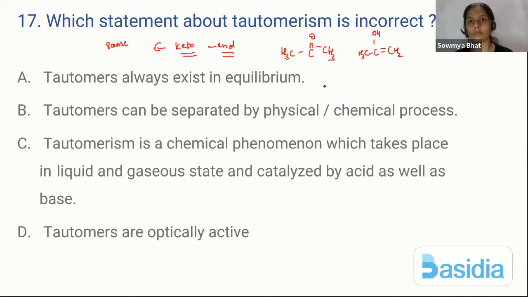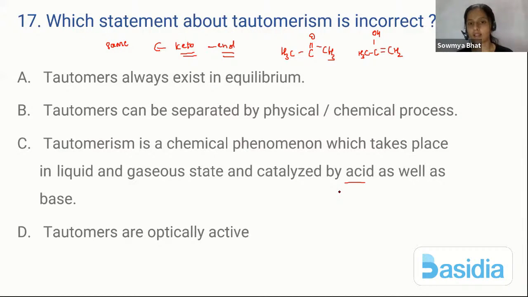The functional group present there is different, and they can be separated by physical or chemical processes. For example, you can use gas liquid chromatography to separate them. That's GLC. And it's a chemical phenomenon. Yes, the bonding has been shifted, so it is a chemical phenomenon, which can take place both in the liquid and the gaseous state. This is also right, and it can be catalyzed by acid as well as base.